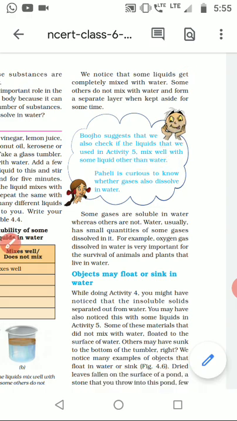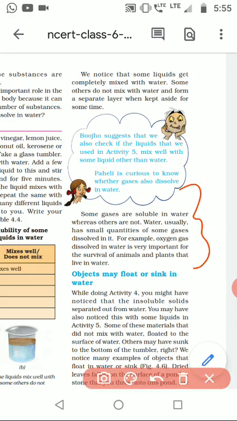Now, there are some gases which dissolve in water. Gases like oxygen. Oxygen is very much required for all living organisms. Inside the water, in rivers, seas and ponds, the oxygen gas mixes into the water and is available to different plants and animals living inside the water.